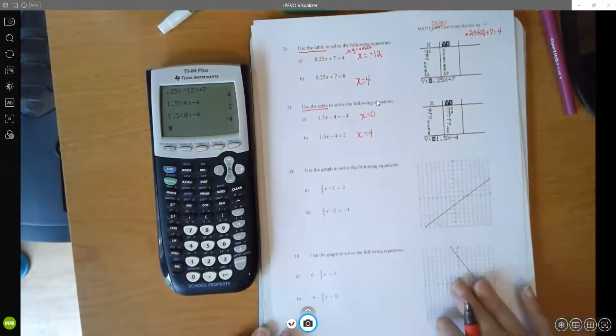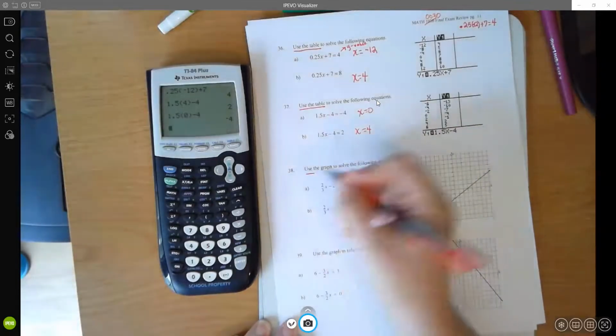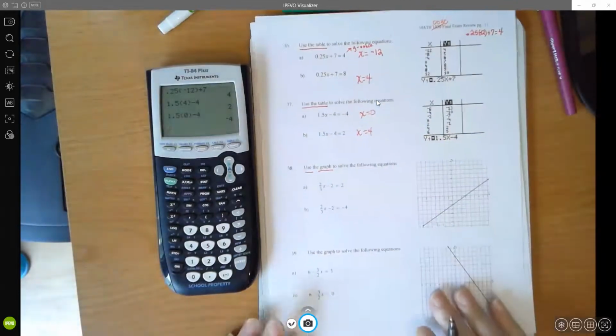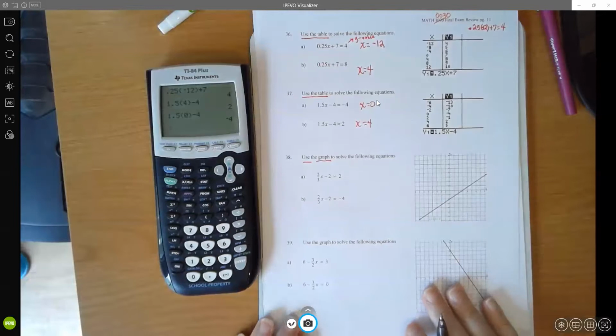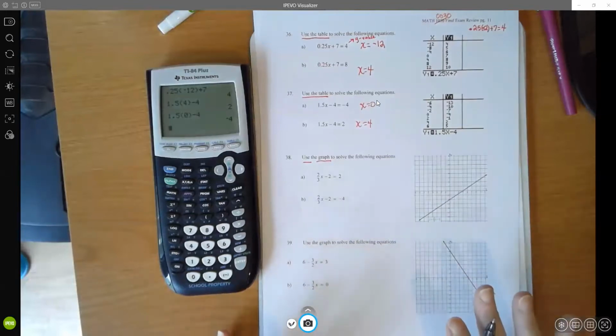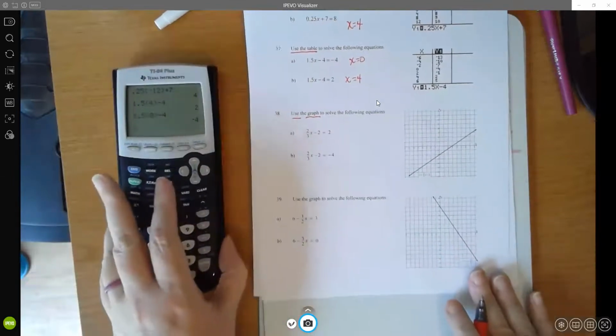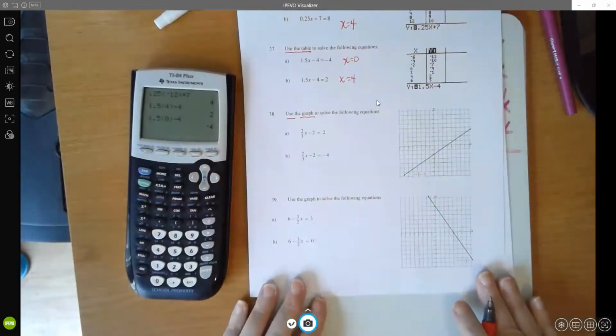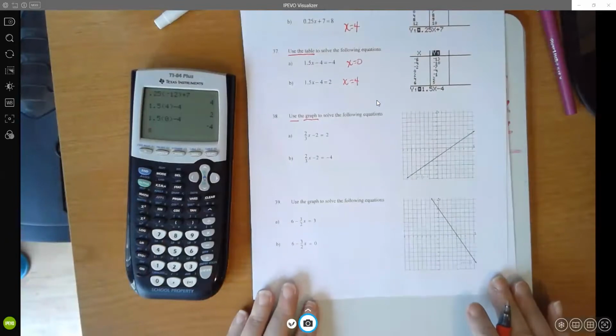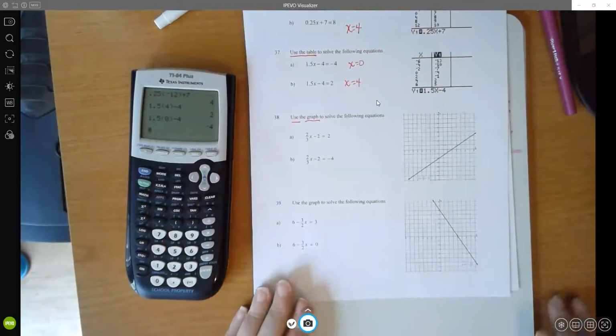Now, notice the next two problems say to use the graph to solve the following equations. Again, we don't have to show any work. We're just going to use the graph. Now, I don't know if you can see it because I can barely see it with my reading glasses on.